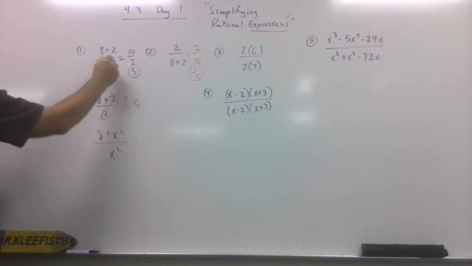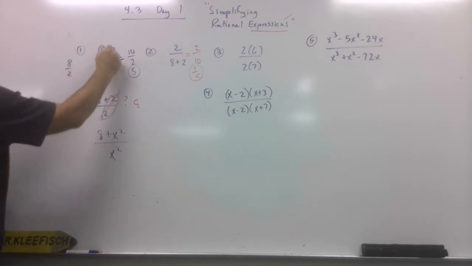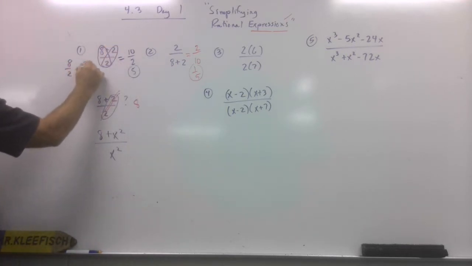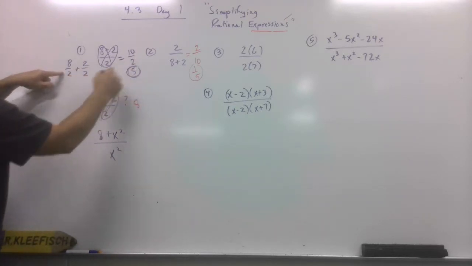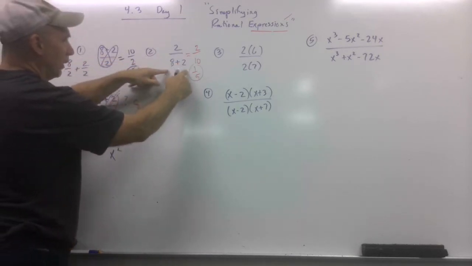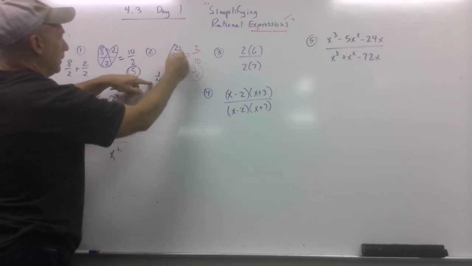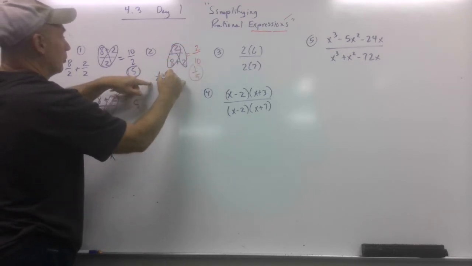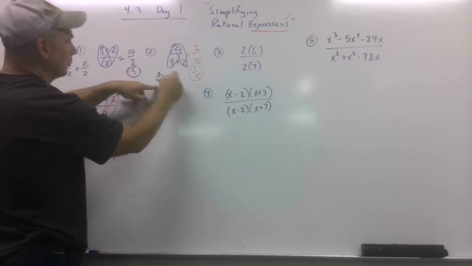I'm going to write it like this: 8 over 2 plus 2 over 2. We go, aha, that's 4 plus 1, that's 5. So that's an okay thing to do. Now, what if I applied that to this one? Well, if I split that up, I'd get 1/4. If I split that up, I'd get 2 over 2, which is 1. I'd get 1 1/4. So that's obviously wrong.